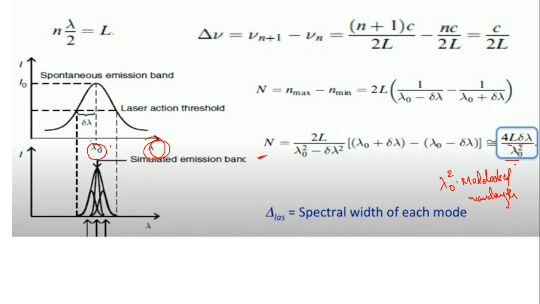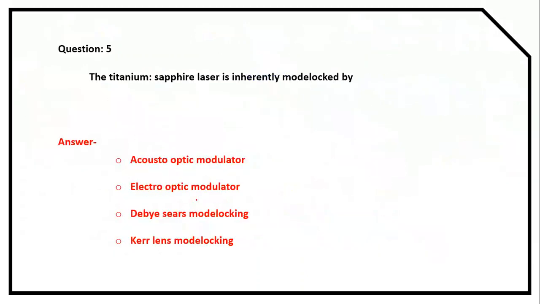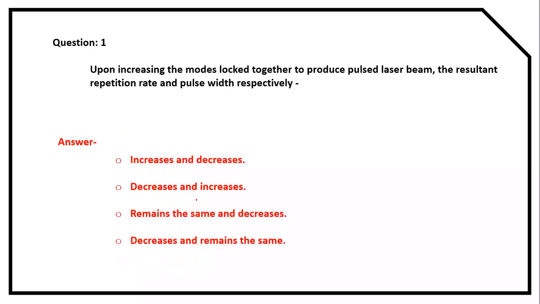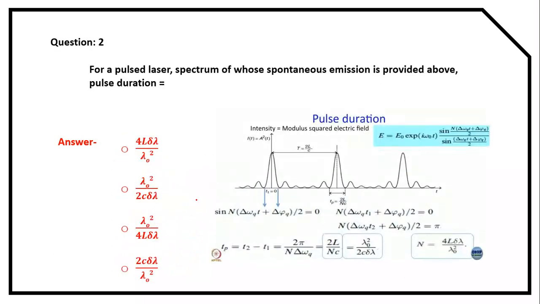Also, we are asked to calculate the value of pulse width. For that, we have a more illustrated diagram. In this diagram, there is one more relation of the intensity of the beam with the modular squared electric field, given by I equals n square into E naught square.